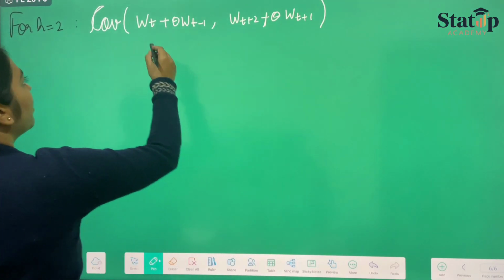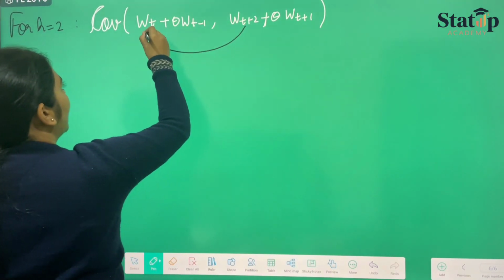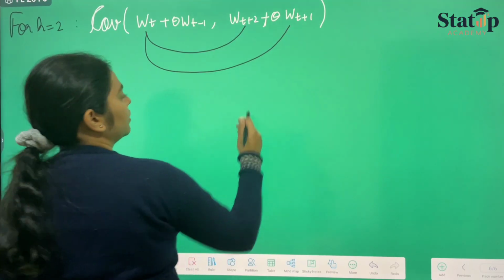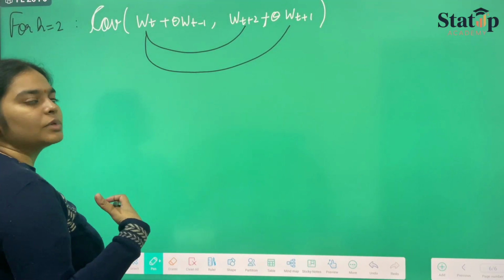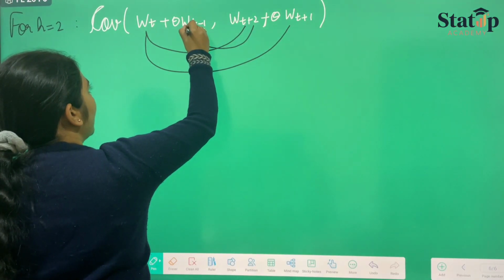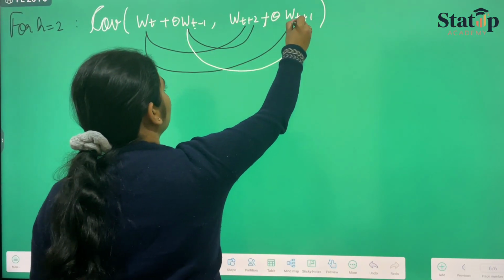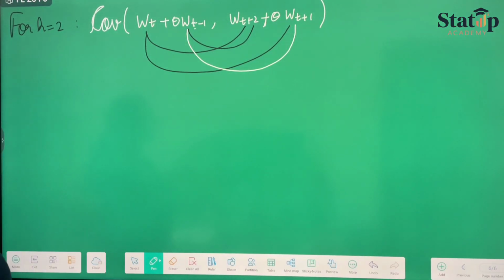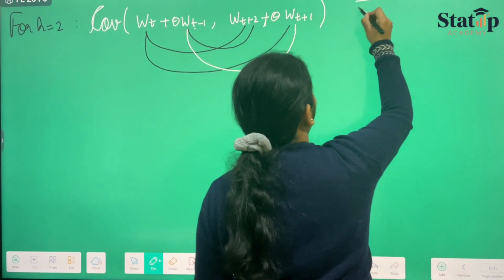If we take wt with wt plus 2 and wt with wt plus 1, no common term, covariance between them is 0. And if we take wt minus 1 with wt plus 2 and wt minus 1 with wt plus 1, again covariance is 0. So it will be 0 on the whole.